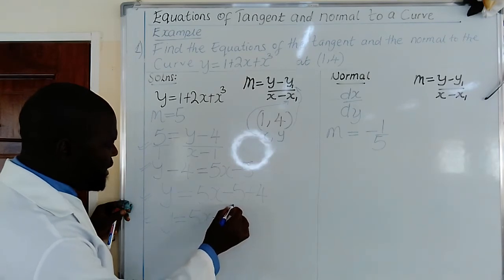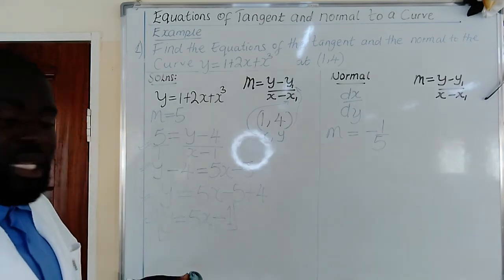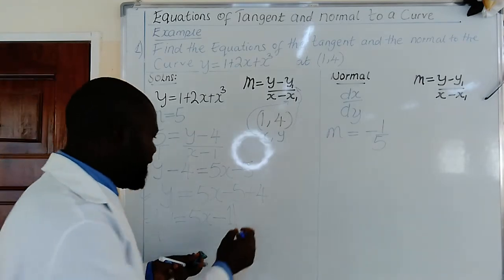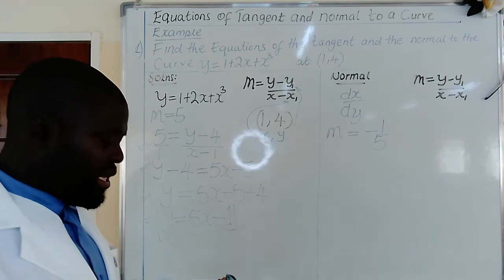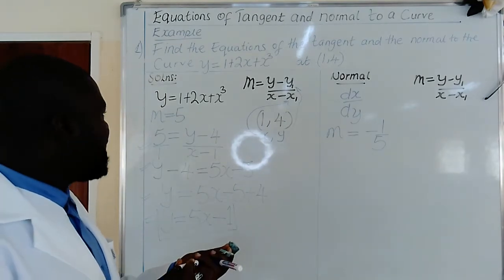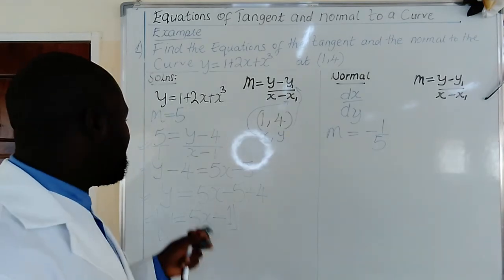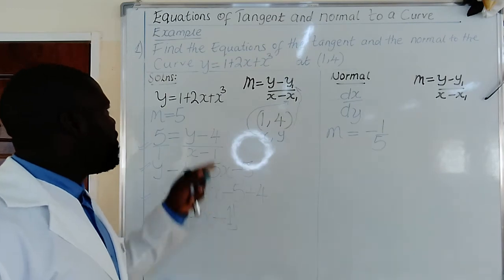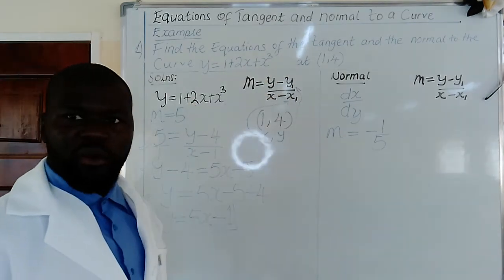So basically, this is the equation of the tangent to the curve y is equal to 1 plus 2x plus x power 3. So this is the equation of the tangent to this curve at 1, 4.